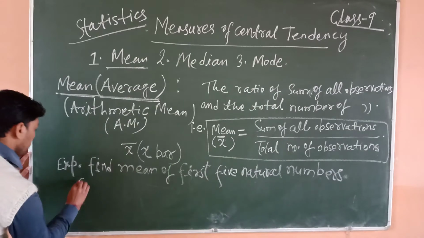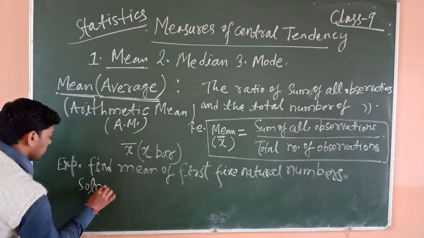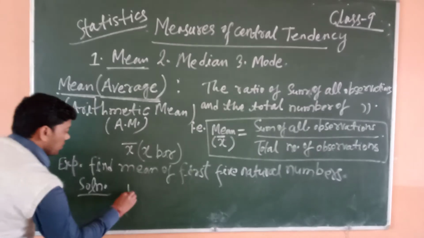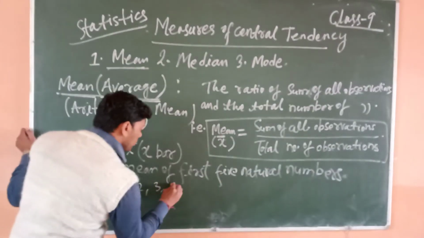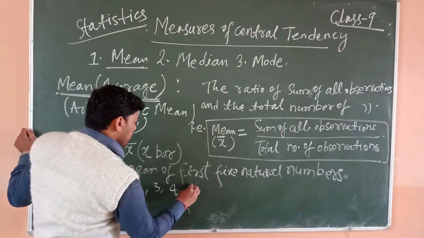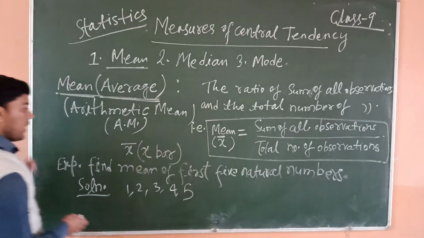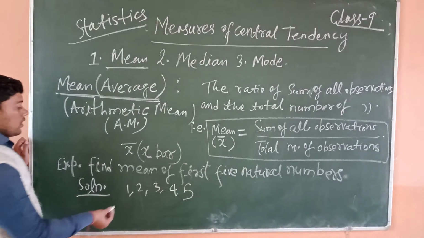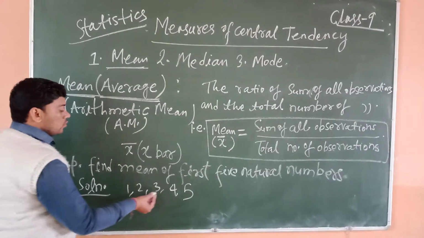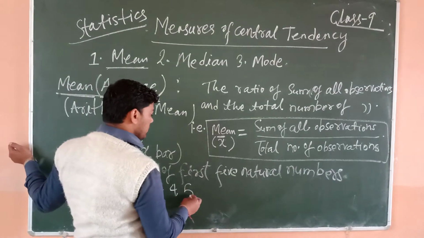You know already about natural numbers: 1, 2, 3, 4, 5. These are the first 5 natural numbers. So 1, 2, 3, 4, 5 are observations.